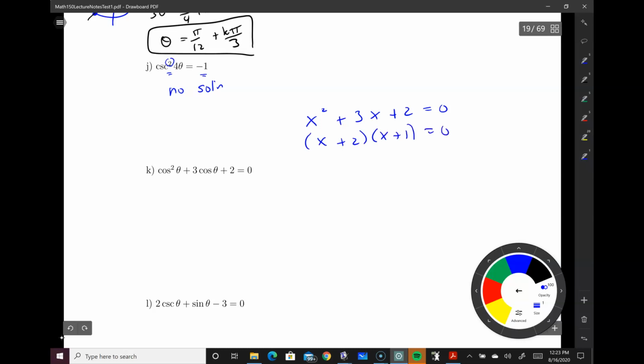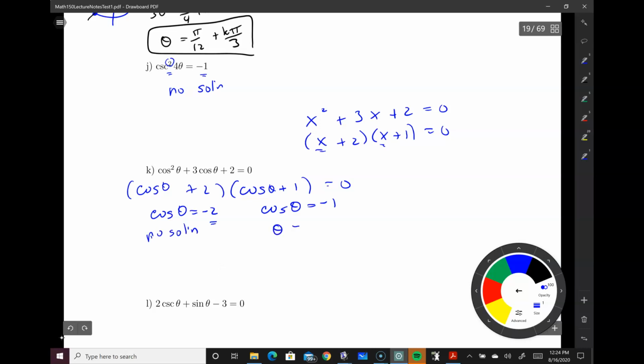So I want you to think of the x as cosine. So cosine of theta equaling 0. So plus 2 plus 1. So that gives me cosine of theta equaling -2 and cosine of theta equaling -1. This, you know, is no solution because we're on a unit circle. And this is going to give me pi plus any 2k pi multiple.